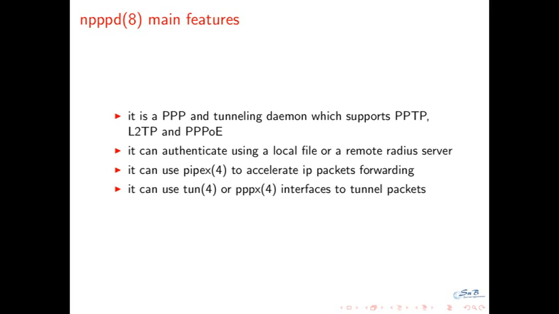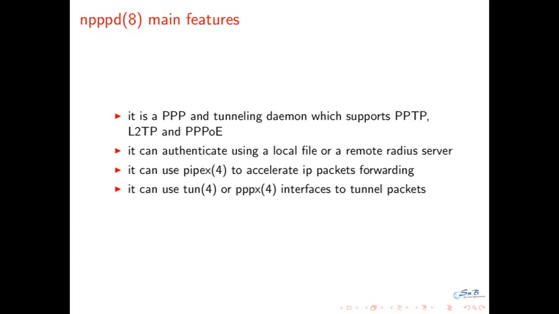Then the main developer also created a kernel interface, which is pipex, which is used to accelerate packet forwarding between userland and kernel space, but it's optional. It's enabled via sysctl, and it's an optional thing.